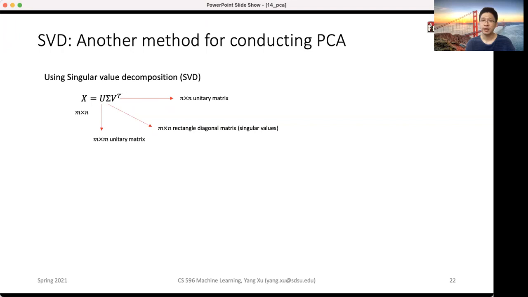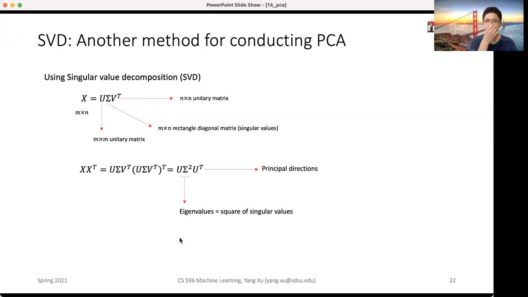The first one is an n by n unitary matrix, the second one in the middle is an n by n rectangular diagonal matrix, and the third one is an n by n matrix.